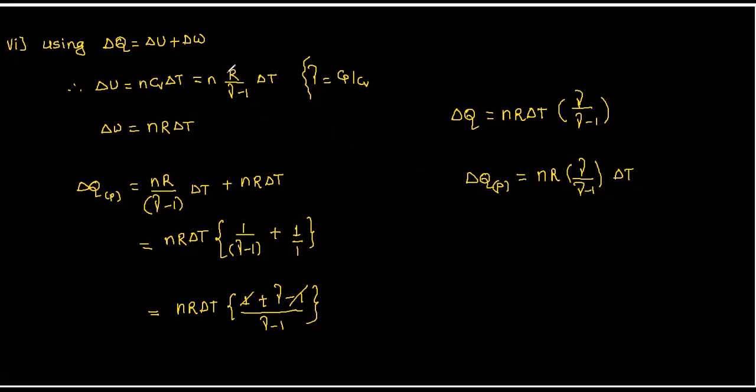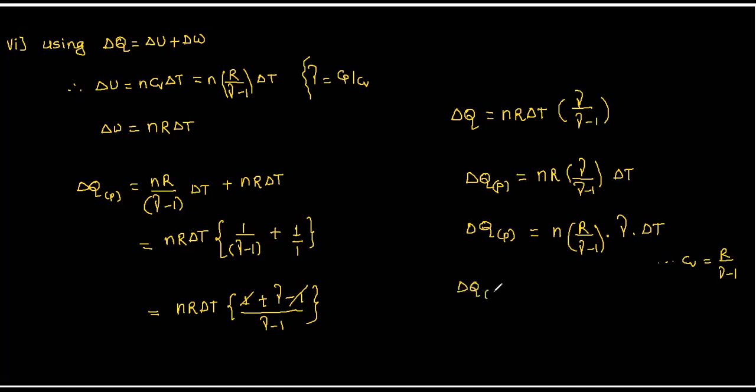R by gamma minus 1, you can see here, R by gamma minus 1 is Cv. So delta Q at constant pressure is equal to n R by gamma minus 1 into gamma into delta T. You know Cv is equal to R by gamma minus 1, so you can substitute here.